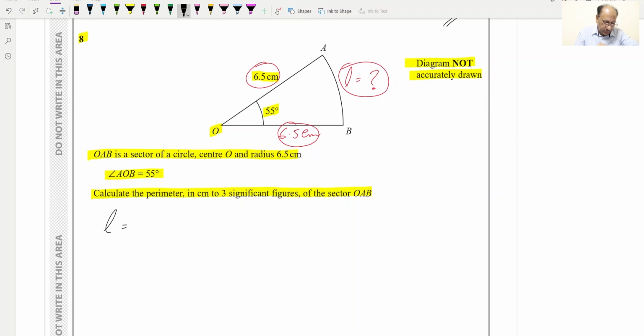The arc length L will be equal to theta over 360 into 2 pi r, and if we replace theta is 55 over 360 into 2 pi, and the r value is 6.5.